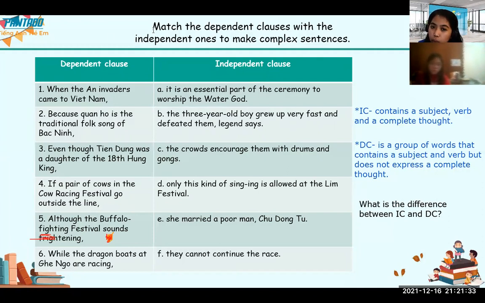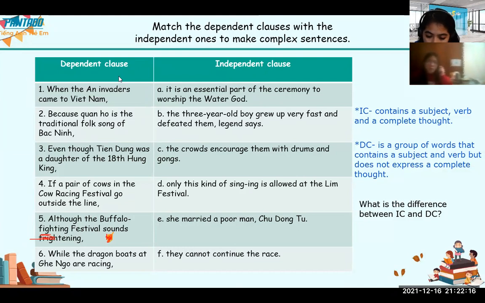So now I want you to connect or match the dependent clauses with independent ones to make complex sentences. Okay, for number one, can you please read? When the An invaders came to Vietnam, what's the independent clause for that?